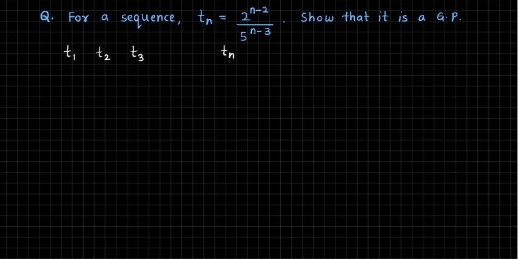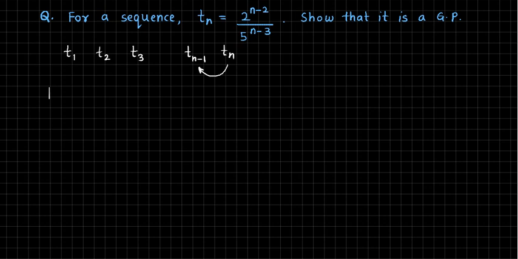So let's consider the general term Tn, and the term before that is, as we know, nothing but Tn minus 1. So if we show that the ratio of these two terms is constant, that is, it does not depend on n, then it will prove that the given sequence is a GP.